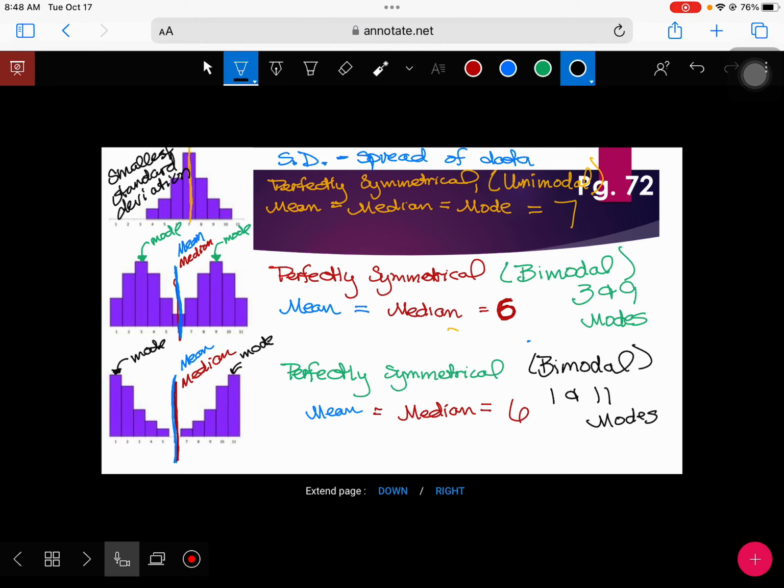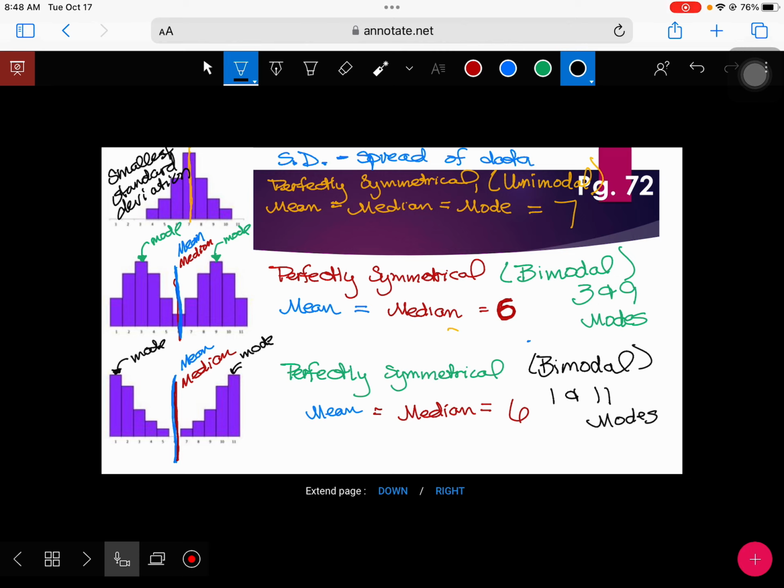And then looking at the other two, which of those two do you think has the largest standard deviation? Which is more spread out? Now you're like, well, Miss Thede, they both go from 1 to 11. Yeah, that's looking at range, but which of them are more spread out? Graph number 2 or graph number 3? 50-50 chance. 3, yes.